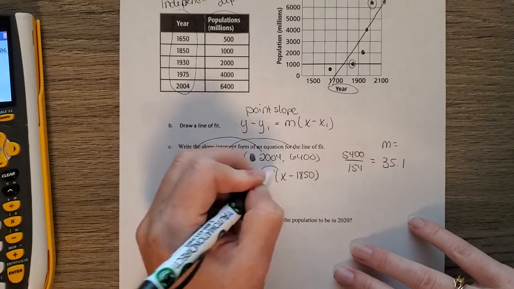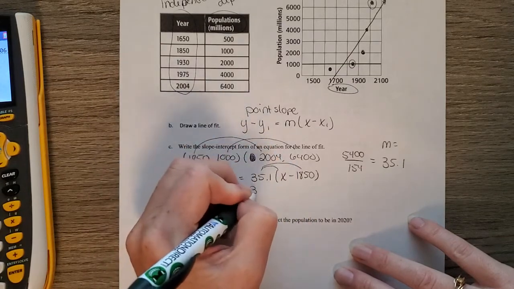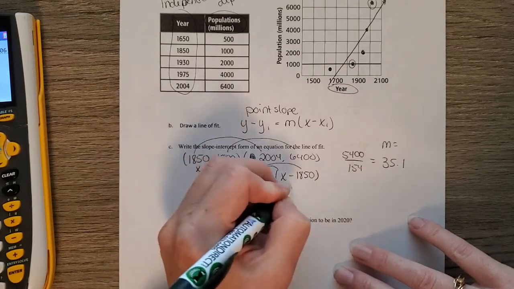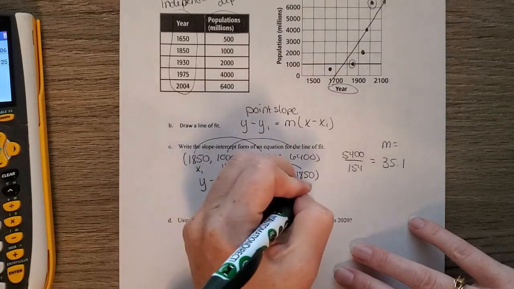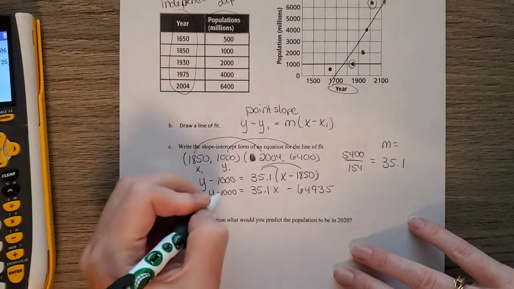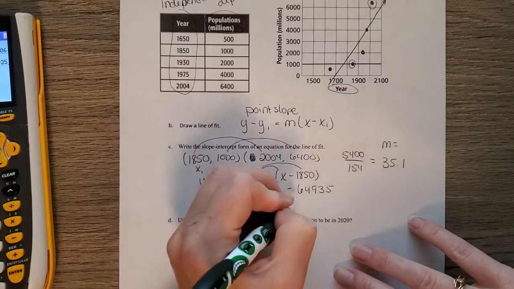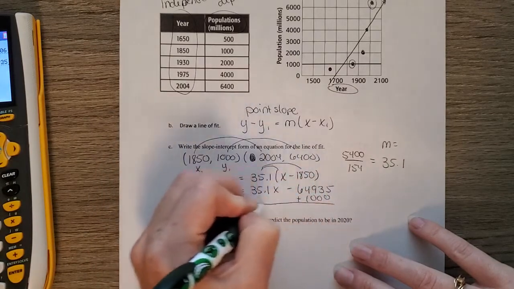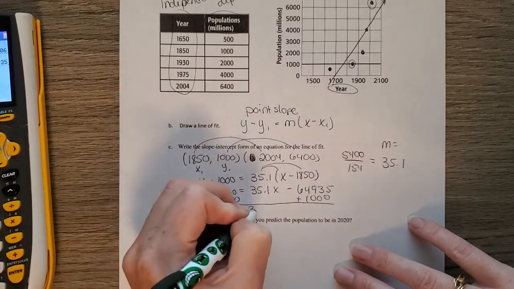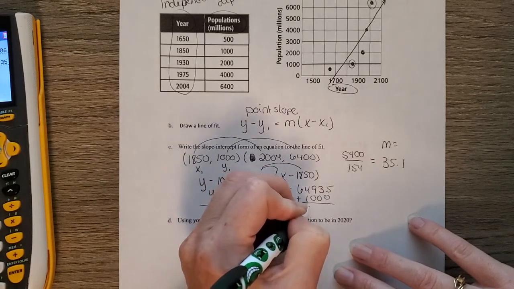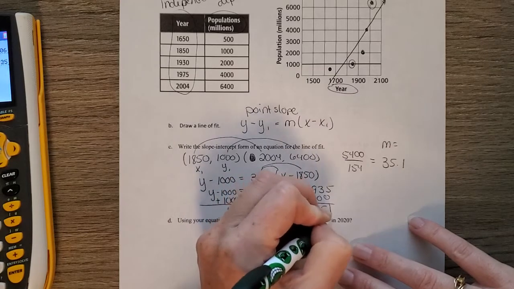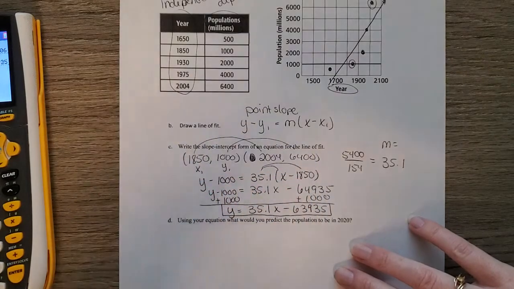We're going to distribute here. 35.1x minus 35.1 times 1850 is 64935. And then we're going to add the 1000. And we're going to get y equals 35.1x minus 63935. And that's our slope-intercept equation.